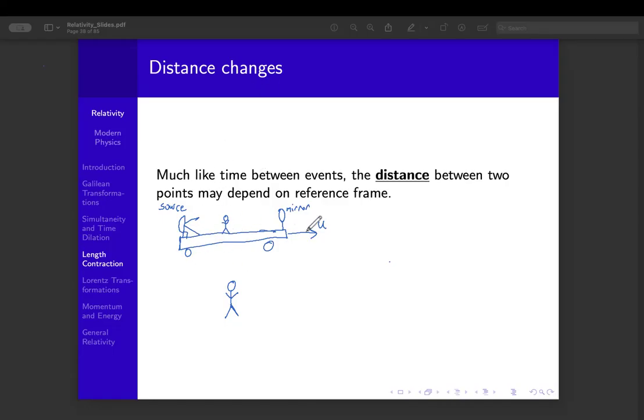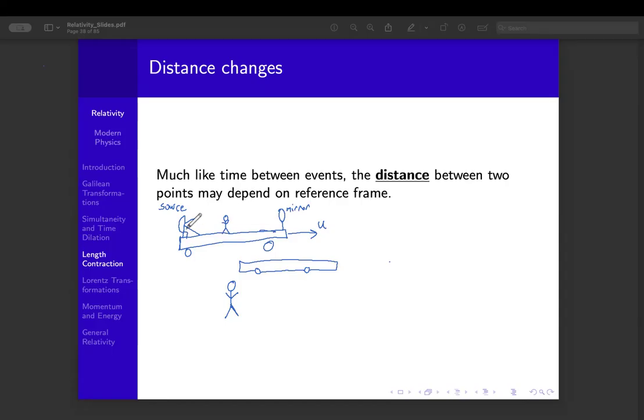Well, if the actual car is moving, then say after some amount of time when the light reaches the mirror, so the light has just gone to the right, maybe the car is now located right here. And so in that sense, let's start with the observer on the car itself.